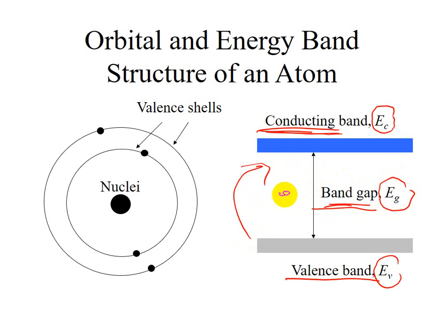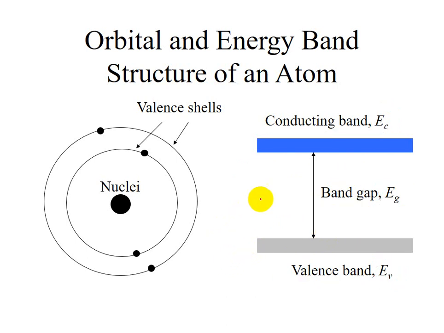So electrons cannot just float around in the energy gap, unless you somehow create a new energy level, so an electron can be located at this new energy level. Otherwise no electron will stay in the energy band gap area.